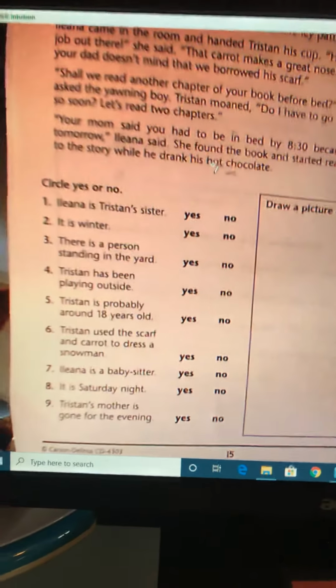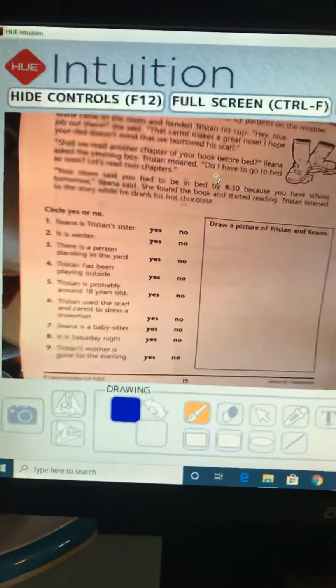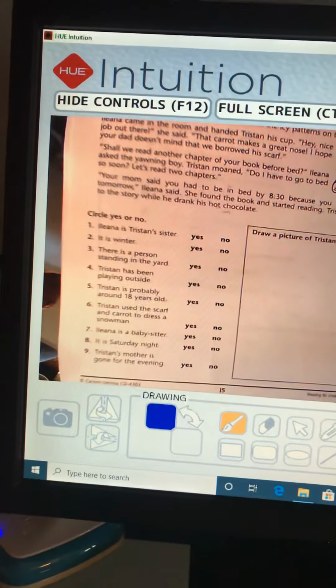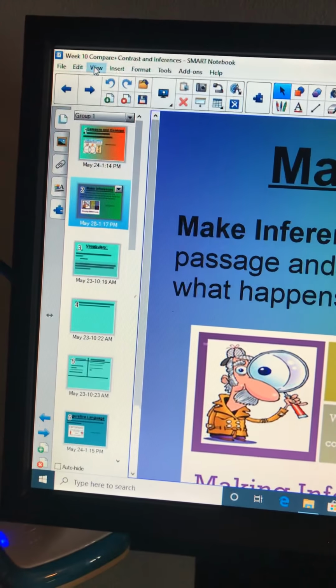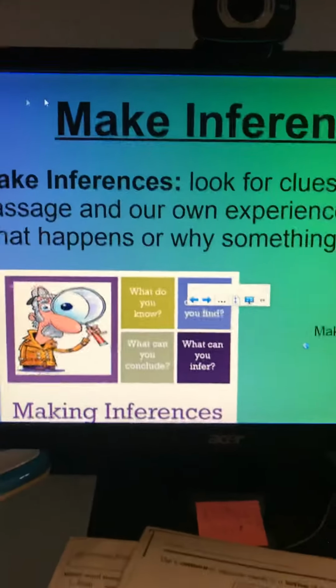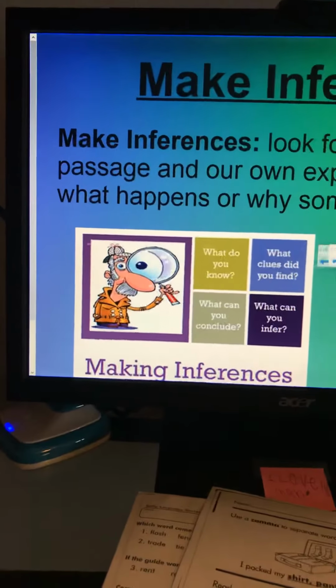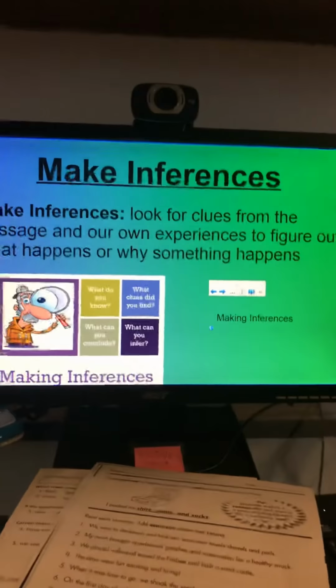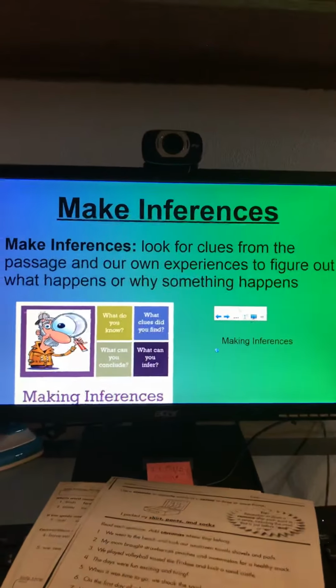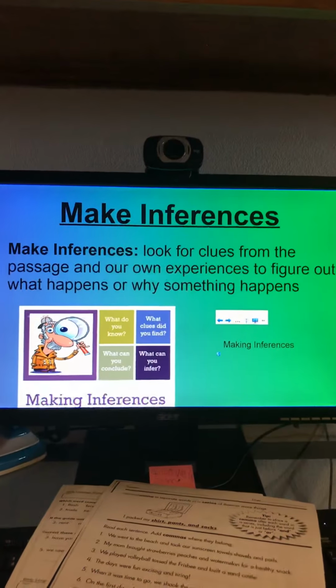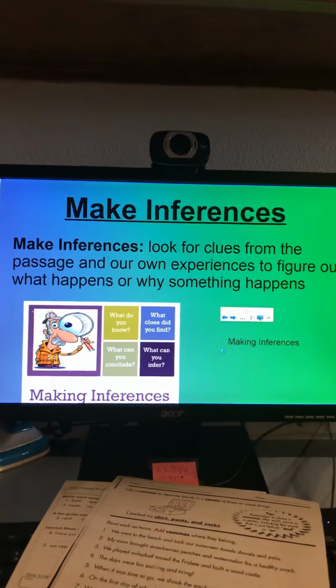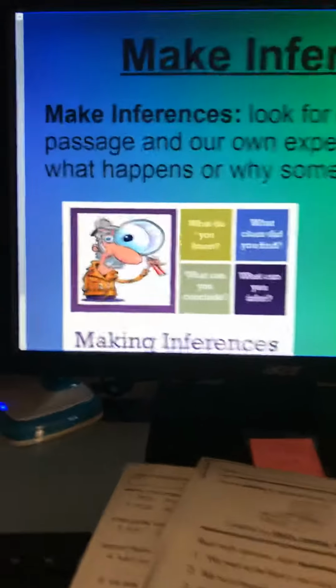I know inferencing is something we've talked about this year, but I'm going to show you the slide on inferencing and what that means. When you make an inference, you're being a detective. You look for clues from the passage and your own experiences to figure out either what happens or why something happens.